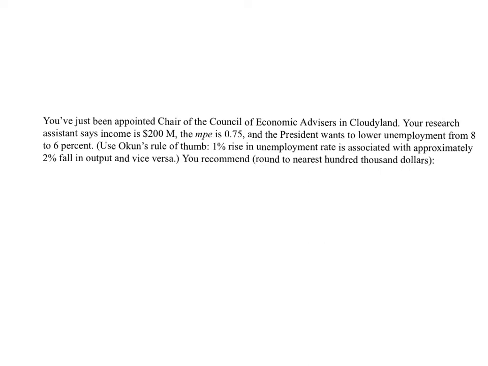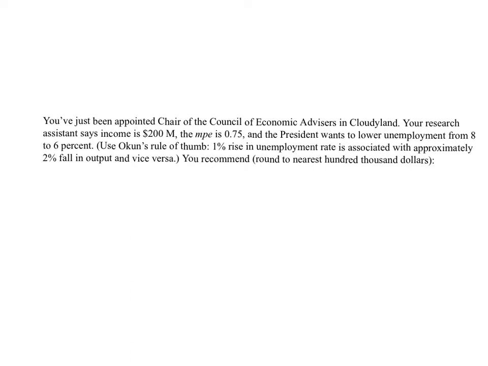First of all, we would like to know what our target change in GDP is. We know that we're starting out at 200 million, and we know we want to lower unemployment from 8 to 6, which is a decline of 2 points, as we've said, which means that we're going to have a 4% increase in output, or GDP.